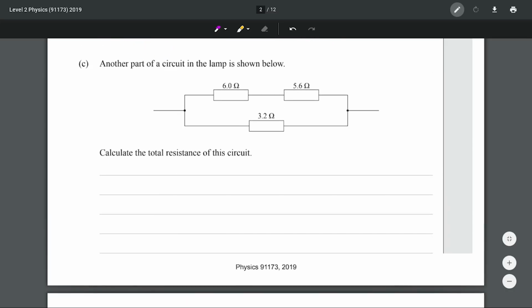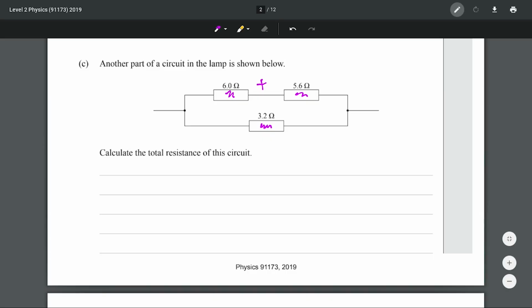Another part of a circuit in the lamp is shown below. Calculate the total resistance of this circuit. If we look at this top branch here, we see that we have 2 resistors in series with each other. And since they're in series, the resistance of this top branch is just going to be their resistances added together. Now, this top branch is, of course, in parallel with this resistor.